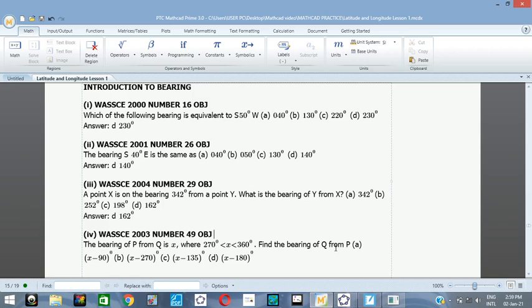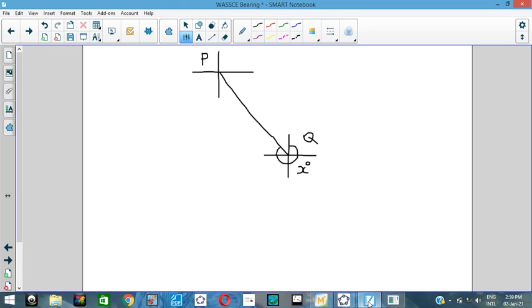Alright, let's start now. We are coming back from P to Q. That is the bearing the question demands from us.